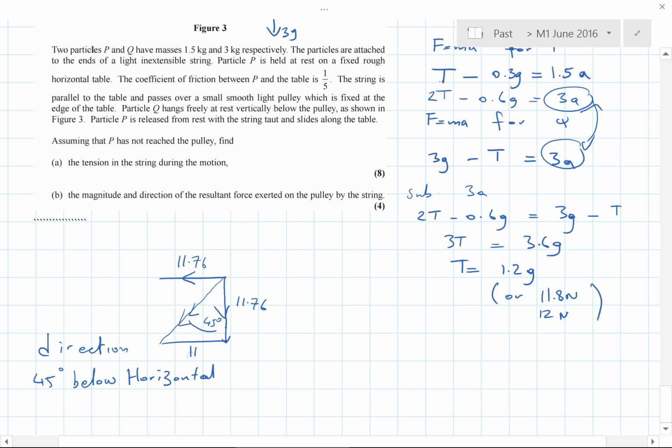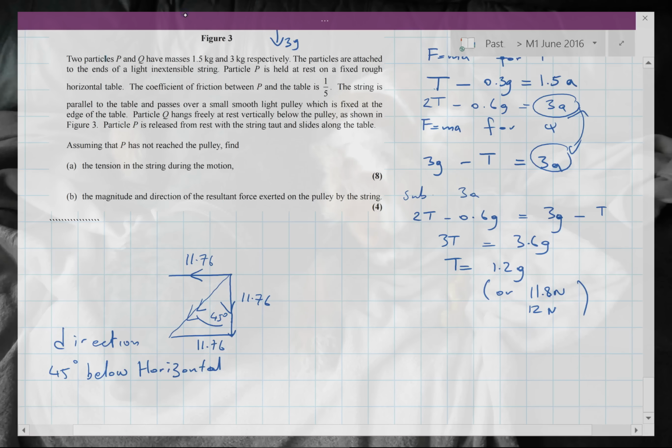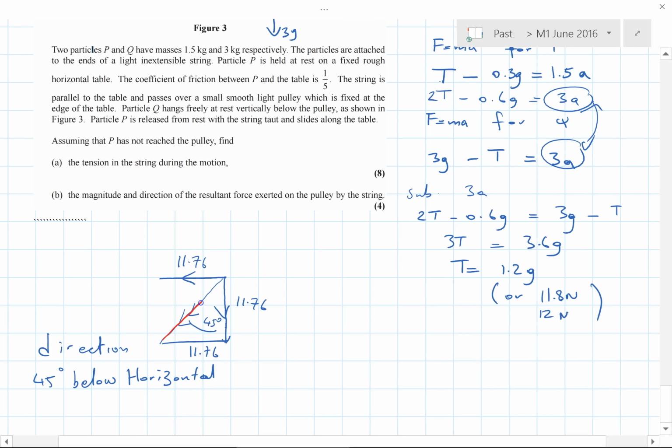Now looking at this triangle here, we've got a very straightforward right angle triangle. We can call this resultant force F, say.